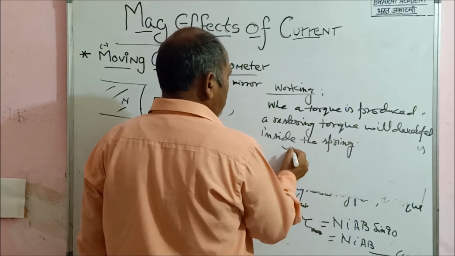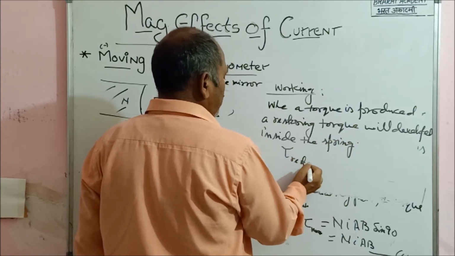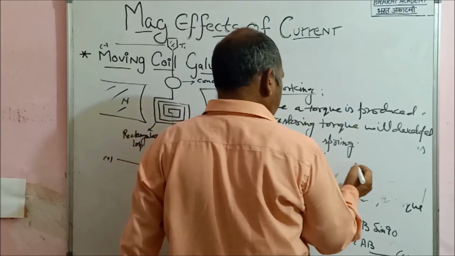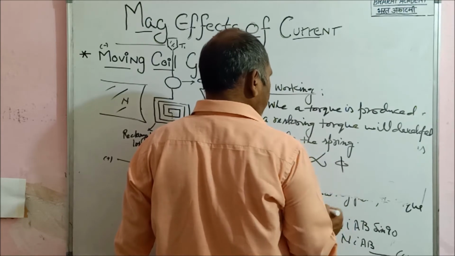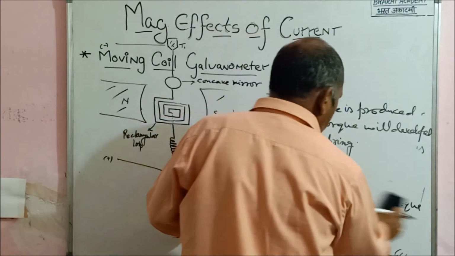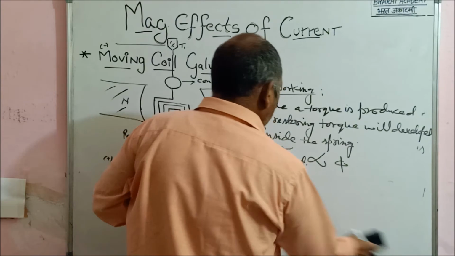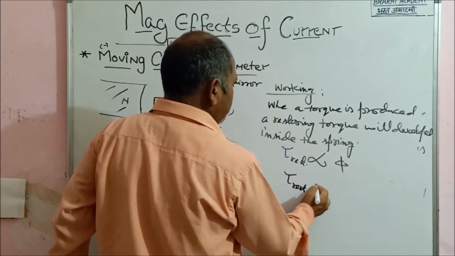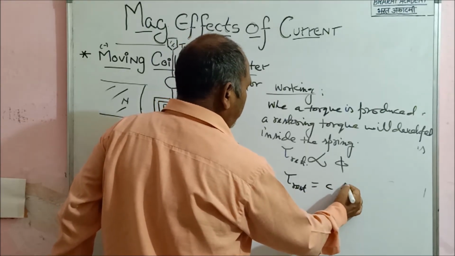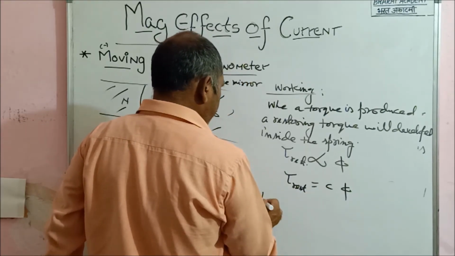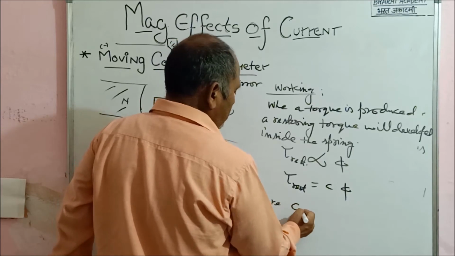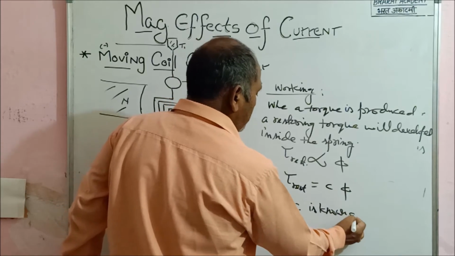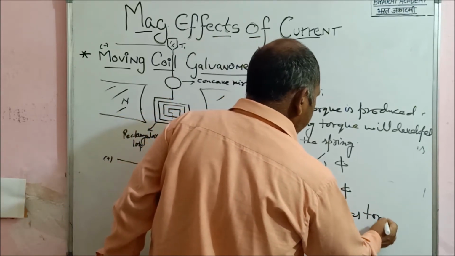This restoring torque is found to be directly proportional to the deflection shown in the mirror. We denote it with phi. Phi is the deflection shown by the galvanometer by this mirror. We will calculate how to calculate that one. And this restoring torque comes out to be C phi, where C is a constant. It is known as the torsion constant.